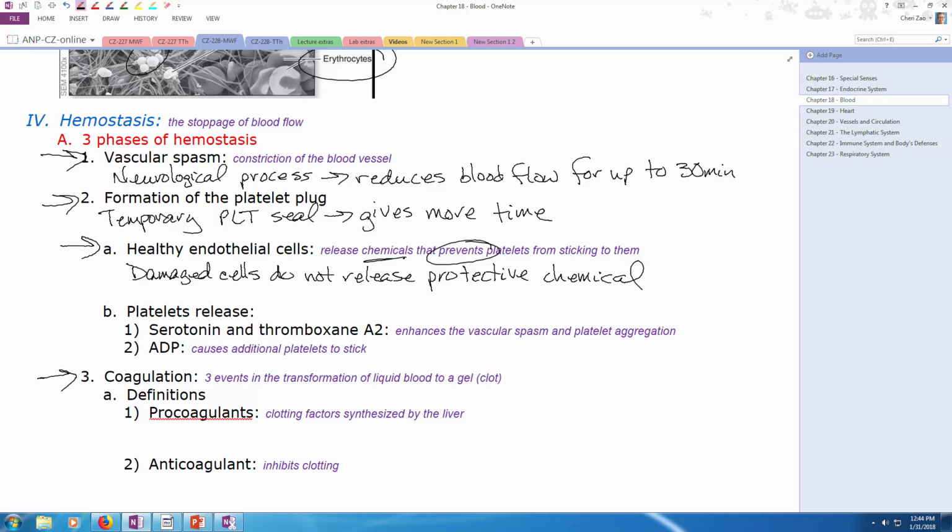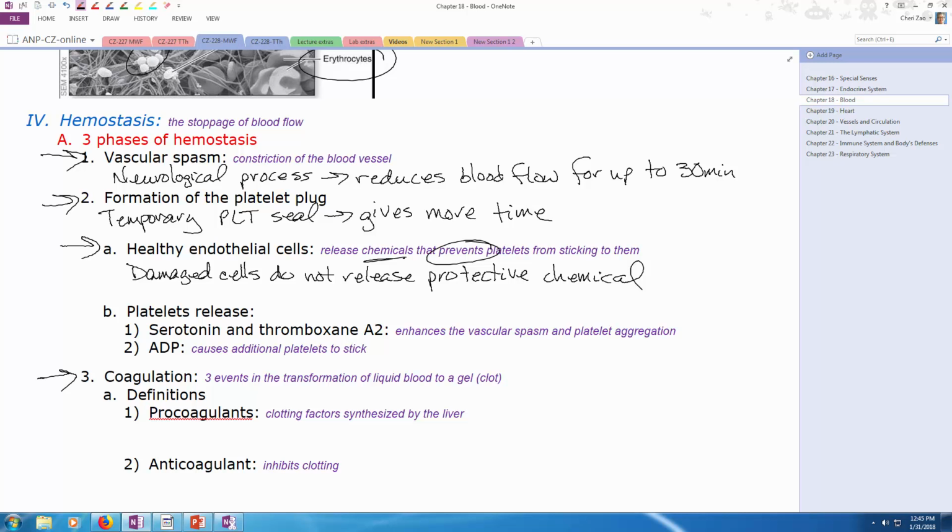Remember, our endothelium always is going to sit on connective tissue. So if you cut across an area, in addition to muscles and other things like that, you're going to cut through the connective tissue, which is typically the supporting structure for any of our epithelium. Okay? And when you cut through the connective tissue, what's the major thing in connective tissue? Fibroblasts make it, but they're not the major thing. Collagen.